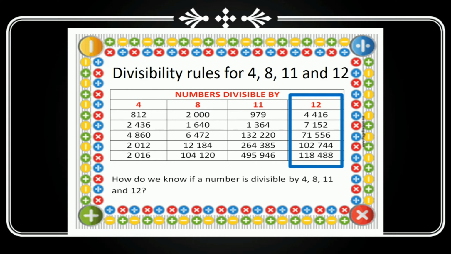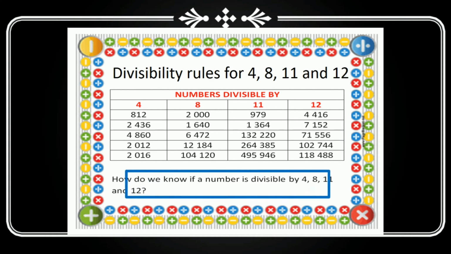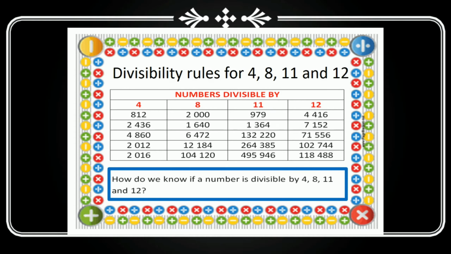We have 4,416, 7,152, 71,556, 102,744, and 118,488. And now, how do we know if a number is divisible by 4, 8, 11, and 12? Let's find out.